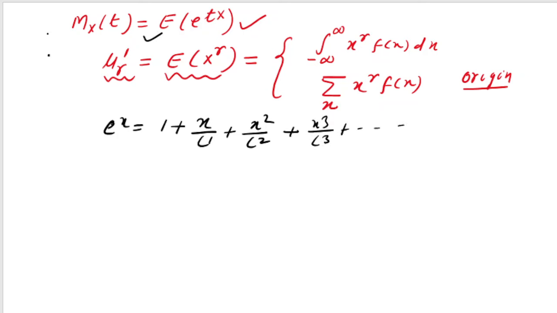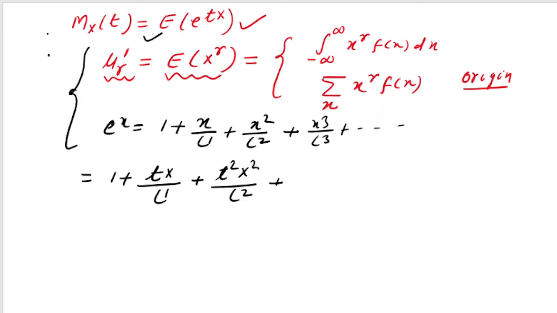So if I continue from here, the expectation of e to the power tx will look like 1 plus tx by factorial 1 plus t square x square by factorial 2 plus t cube x cube by factorial 3, and so on up to infinity. And basically I have to calculate the expectation. So actually this is what I need to write.